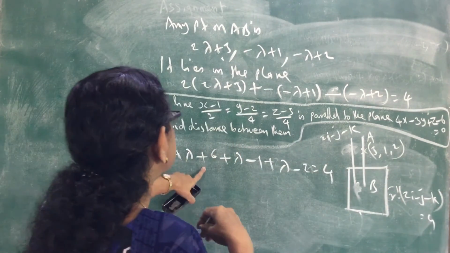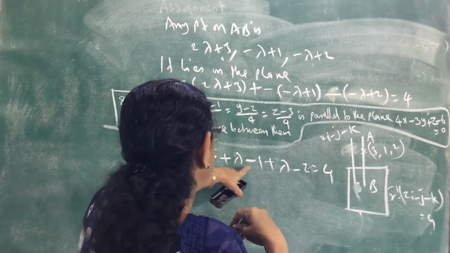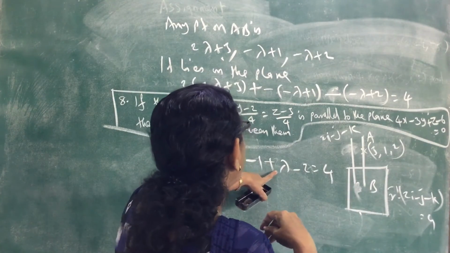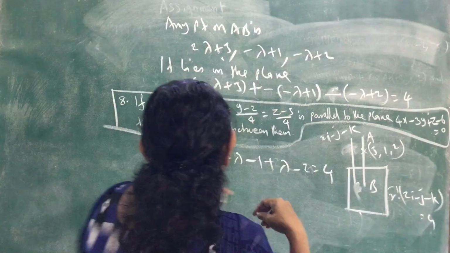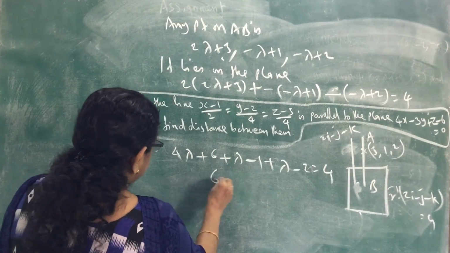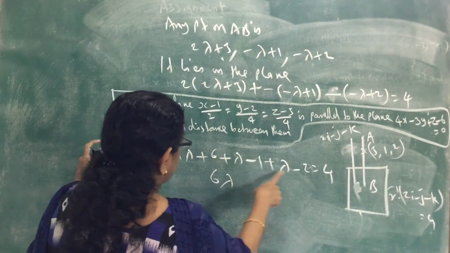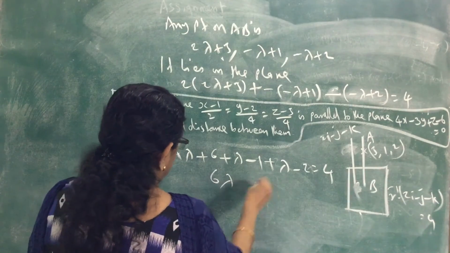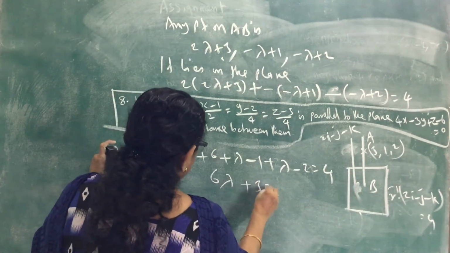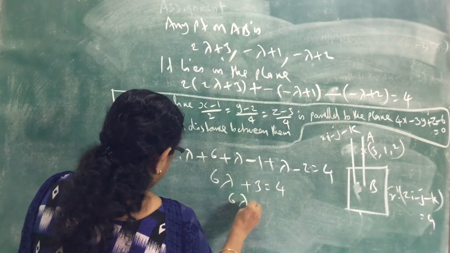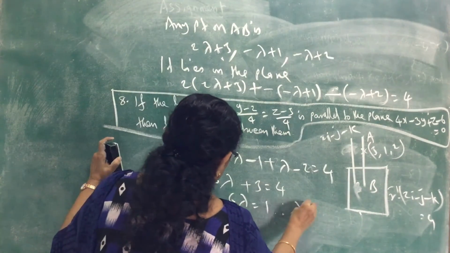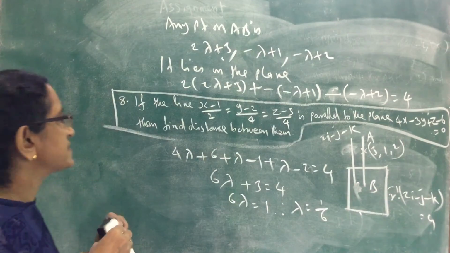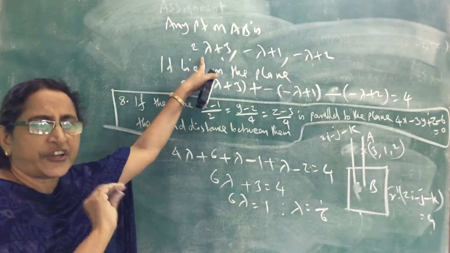That gives 6 lambda plus 6 minus 3, so lambda equal to 1 by 6. Now substitute here, we get the point of intersection.